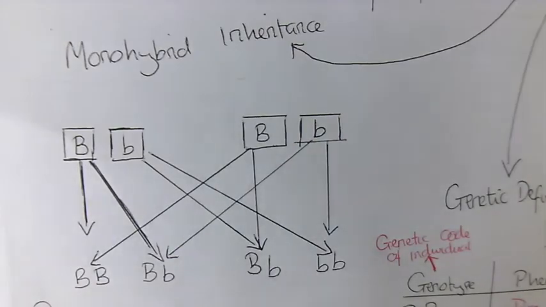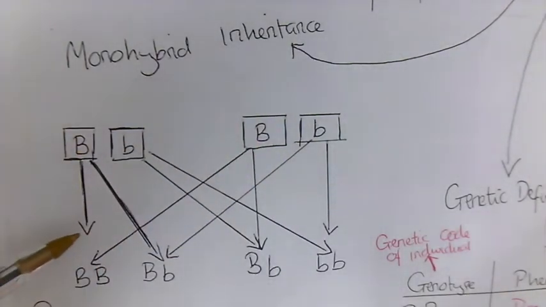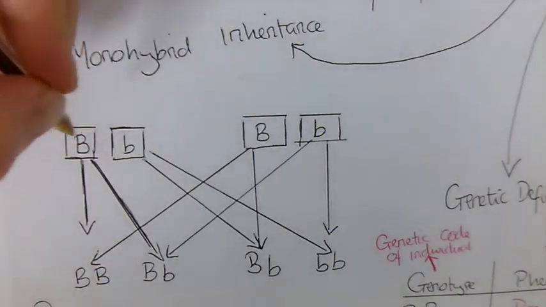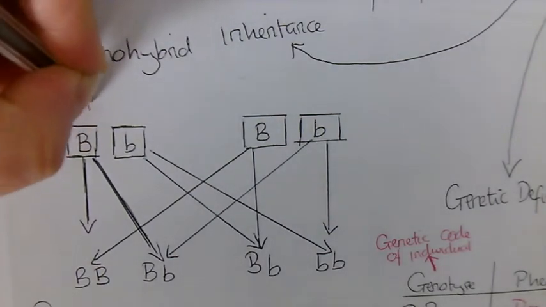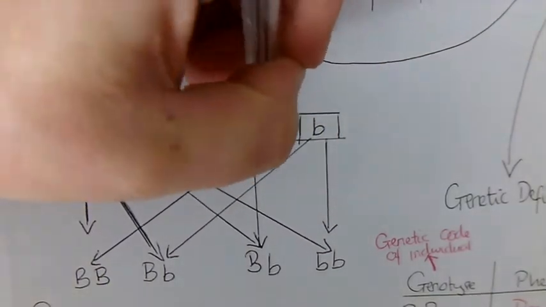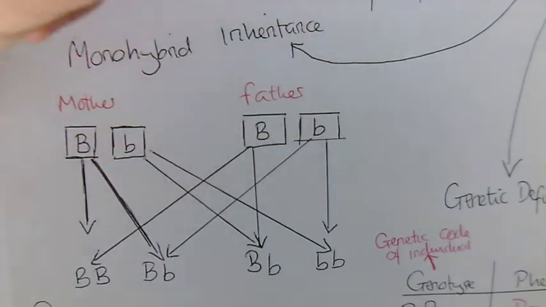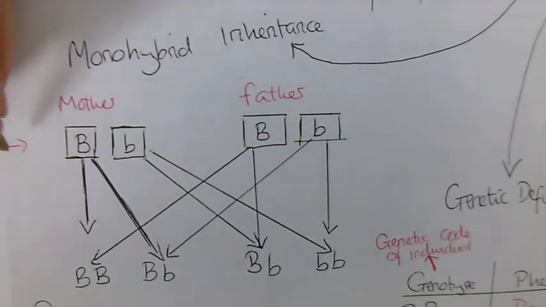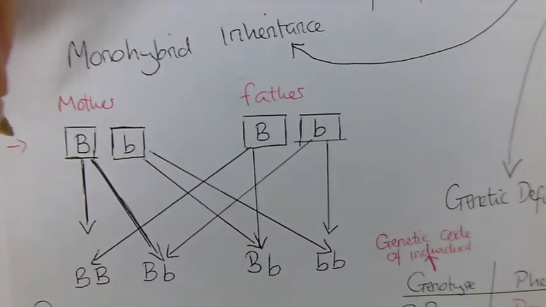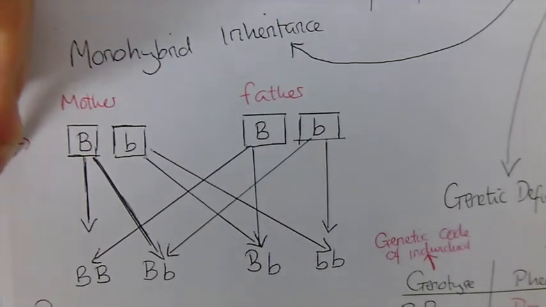Now we're going to be looking at monohybrid inheritance. So that is this kind of diagram here which shows us what possibilities we can have for the offspring and their genetics. So this is the mother, this is the father, this is their gametes.